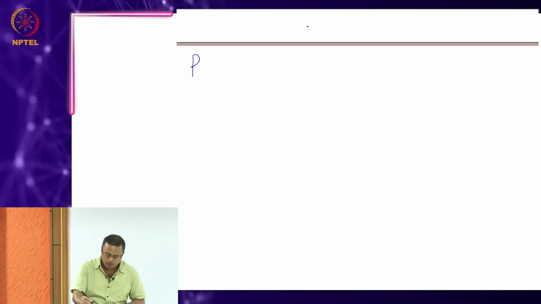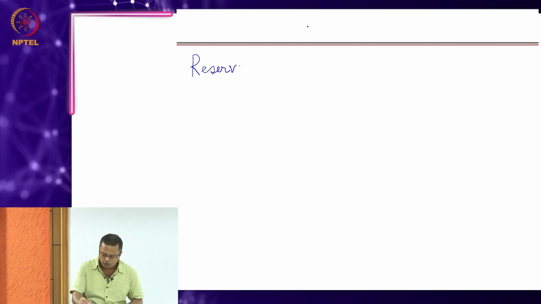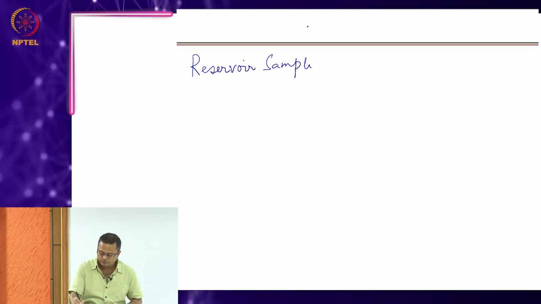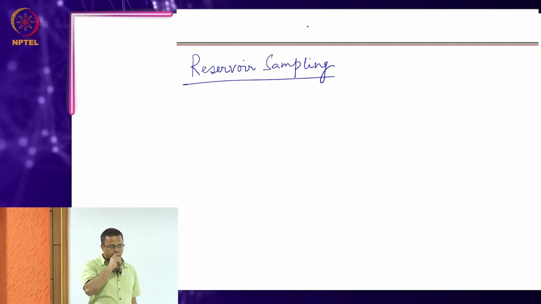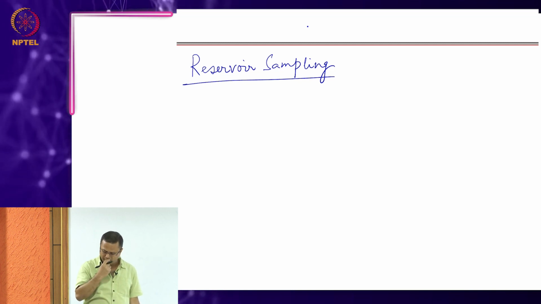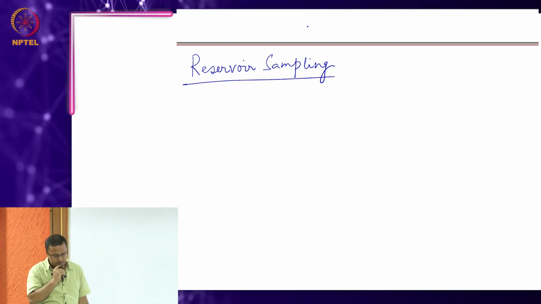Now let us look at a problem like this, which kind of models this network thing. This was a classic paper by Paul Witter around mid 80s, 1980s of the previous century.